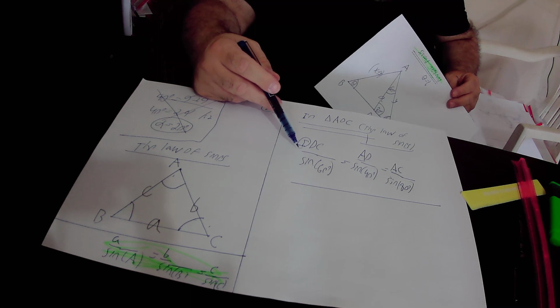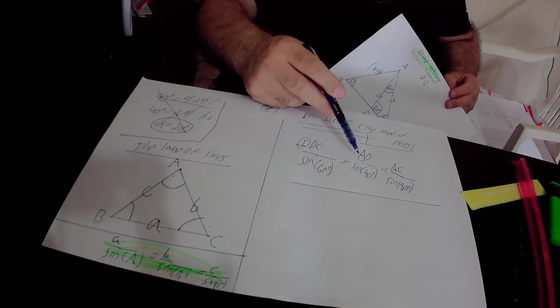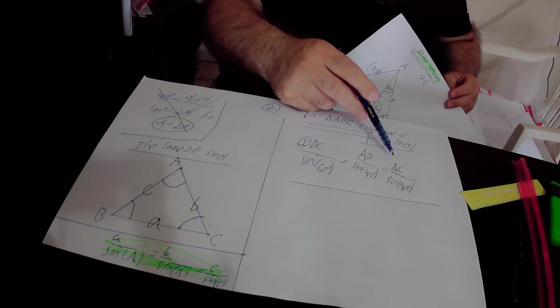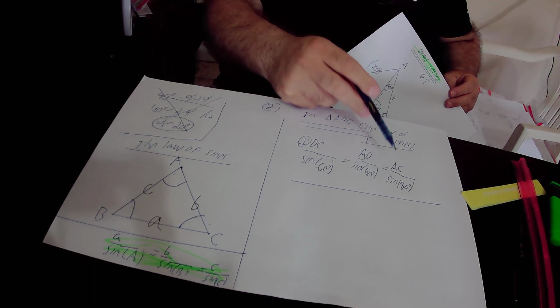So, according to equation number 1, DC over sine 60 degrees equals AD over sine 40 degrees, and it is equal to AC over sine 80 degrees.